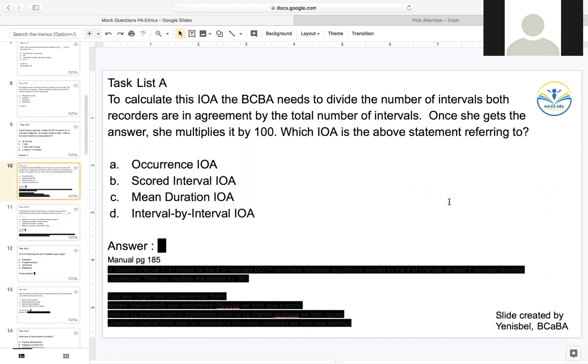Which IOA is the above statement referring to? I think it would be occurrence IOA. Oh, sorry. A, occurrence IOA. B, scored interval IOA. C, mean duration IOA. Or D, interval by interval IOA.